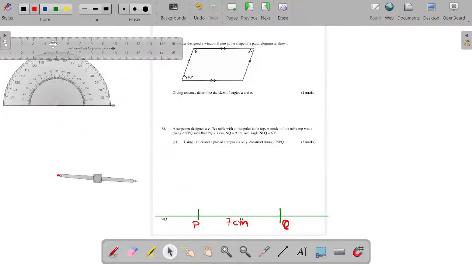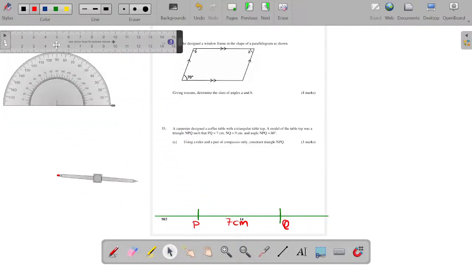Then after I have the distance 7 centimeters, let's construct angle NPQ. NPQ is the angle at P being 60. Let's construct an angle of 60 at P.